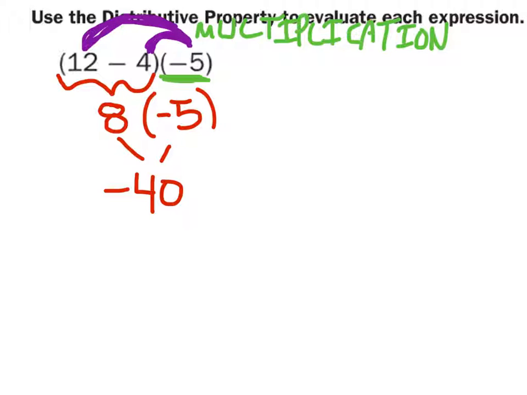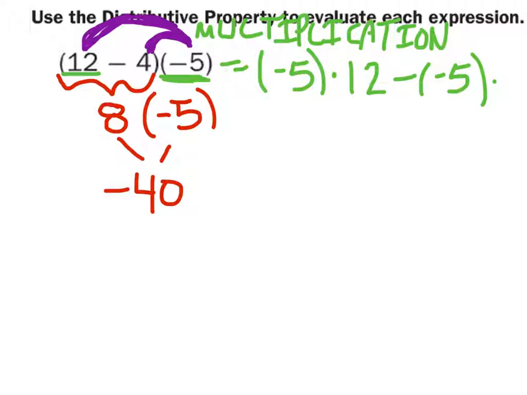So in other words, if I do it using distribution, I've got negative 5 times what? Well, 12. It's on the left. Minus, again, I've got the negative 5 times 4. Very good. Well, what's negative 5 times 12?